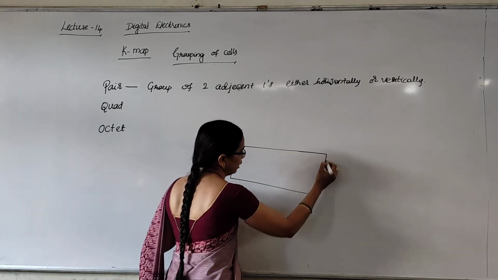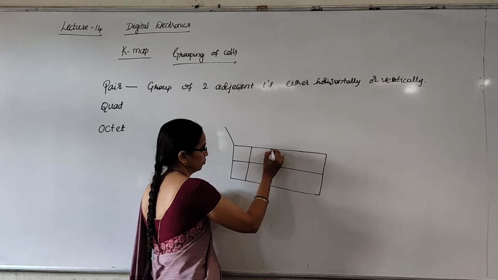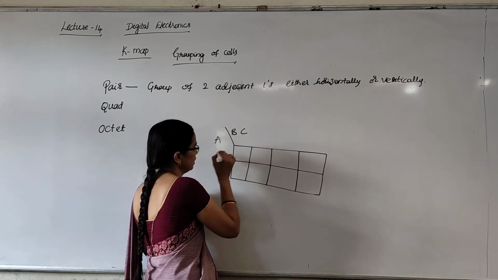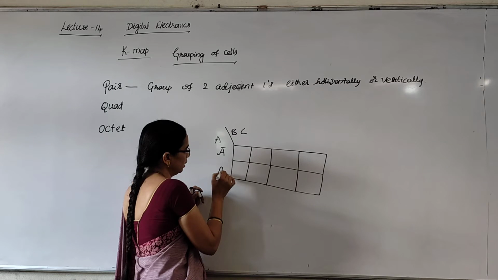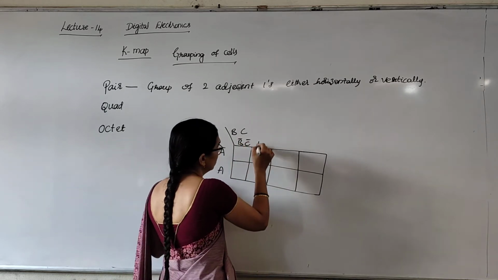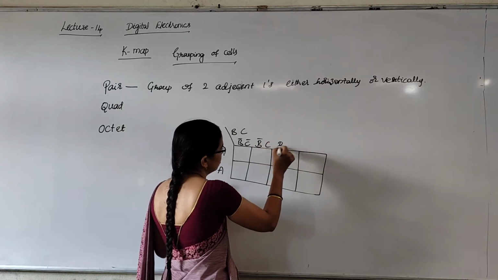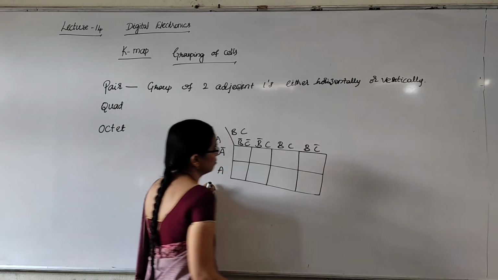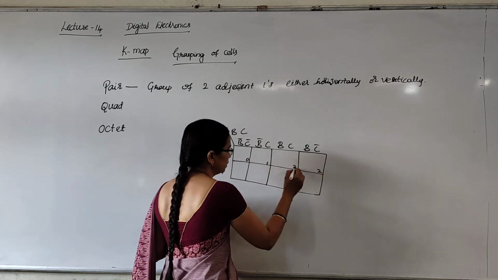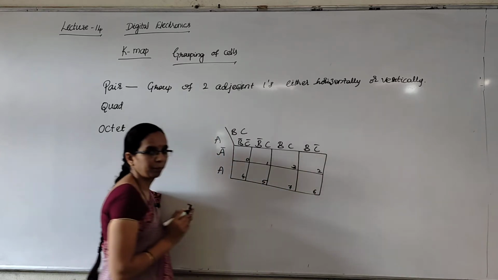if we have a 3 variable K-map, A here and BC here: B bar C bar, B bar C, B C and B C bar. Here it is 0, 1, 2 and 3, 4, 5, 6 and 7.